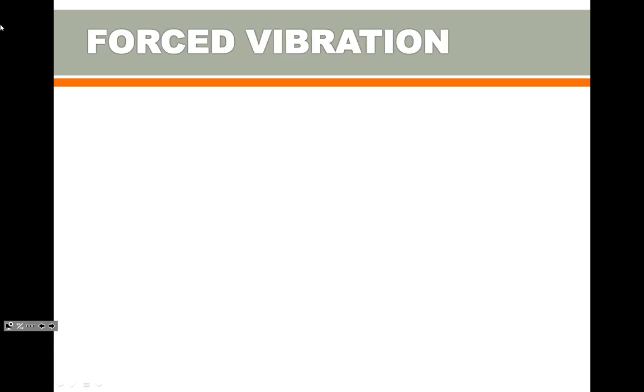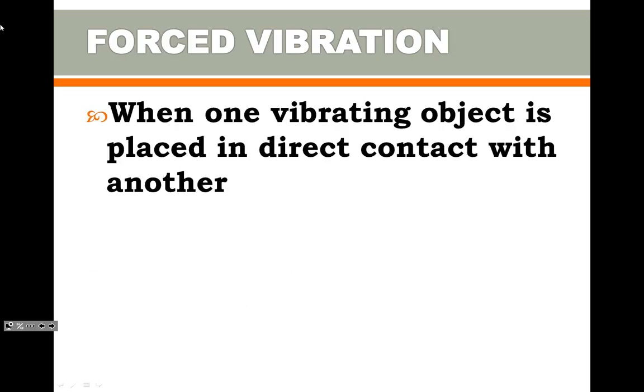We have something called forced vibration. I don't want to get into this too much, and you don't even have to write down this part, but forced vibration is just what it says: when you have one vibrating object that's placed in direct contact with another, you cause the second object to vibrate with the same frequency as the first.